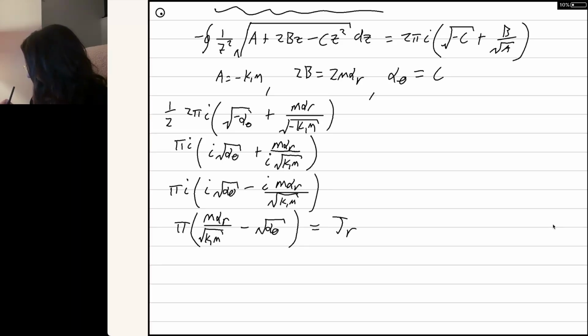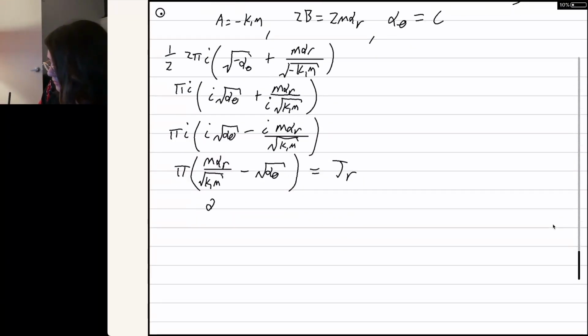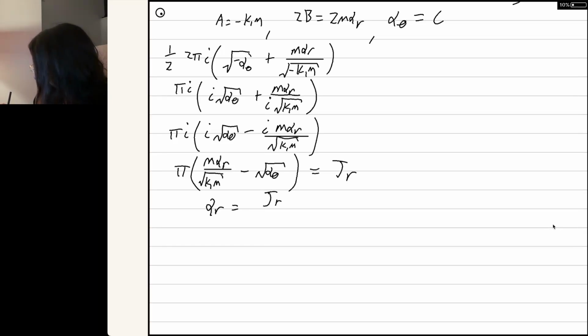That is the action, JR. Now we can finally solve for alpha r. It'll be JR over pi plus root alpha theta, all multiplied by root k over m.